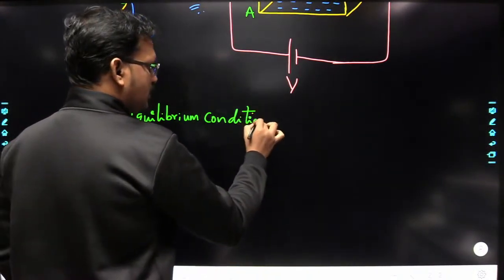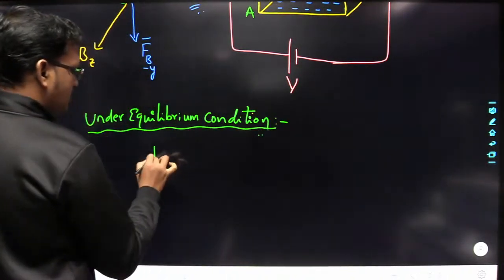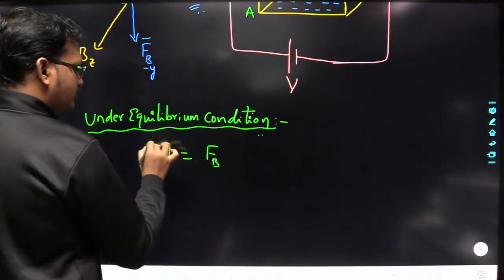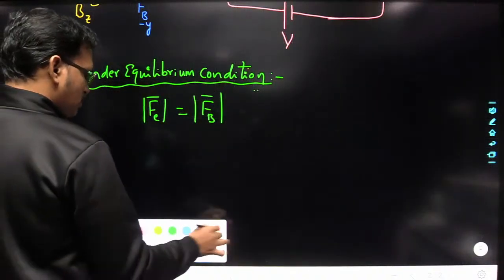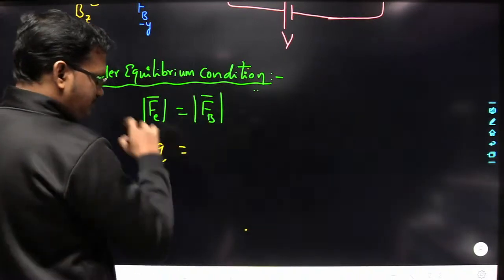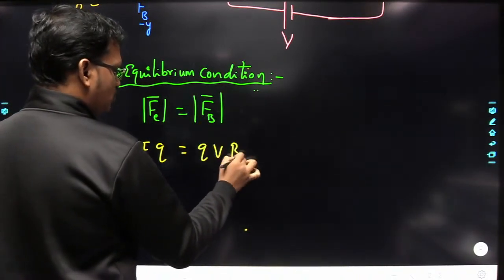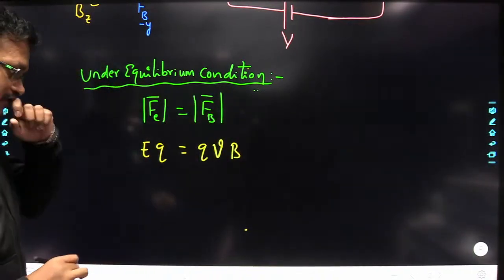Under equilibrium condition, FE is equal to FB, so the magnitude of FE is equal to the magnitude of FB. So Eq is equal to FB, which is qvB. Here the velocity I am representing with small v.